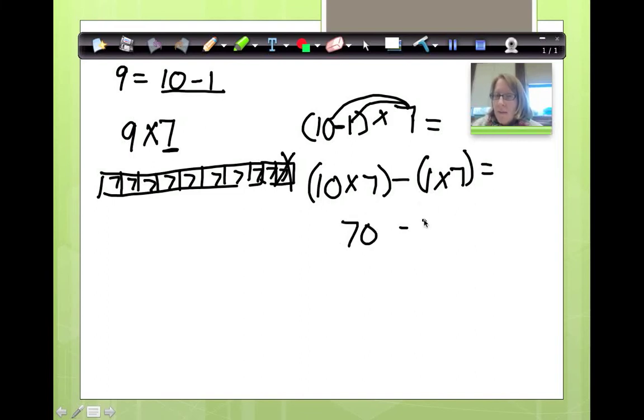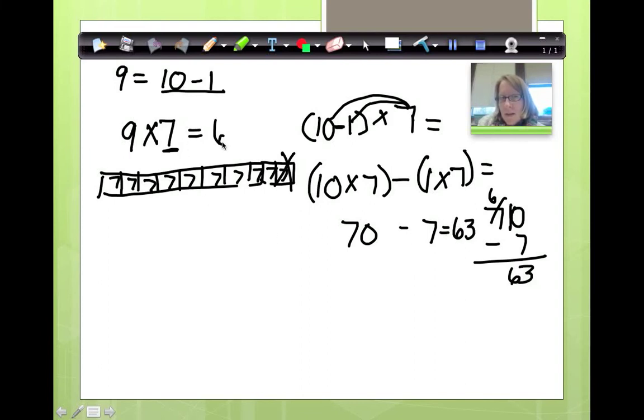Take away a 7. Okay, now let's do it. I need to regroup. So, 70 take away 7 is 63, which means that 9 times 7 is 63. And if you knew your math facts and you knew your 9s, you would know that that is correct.